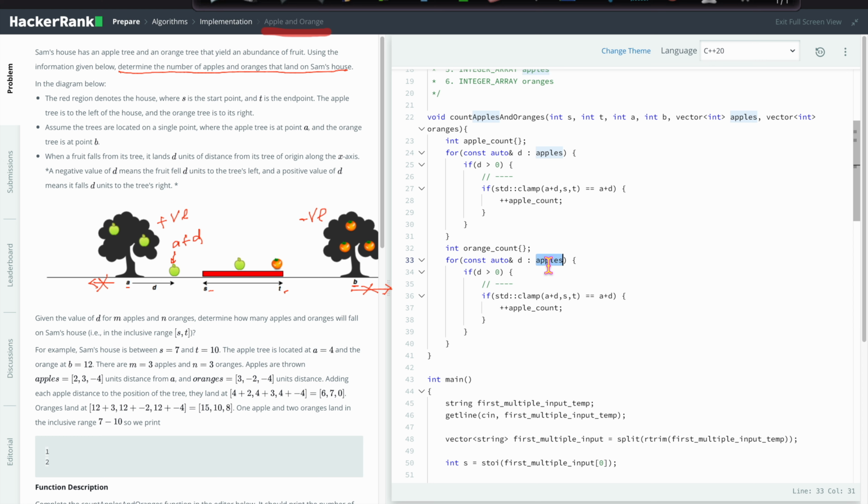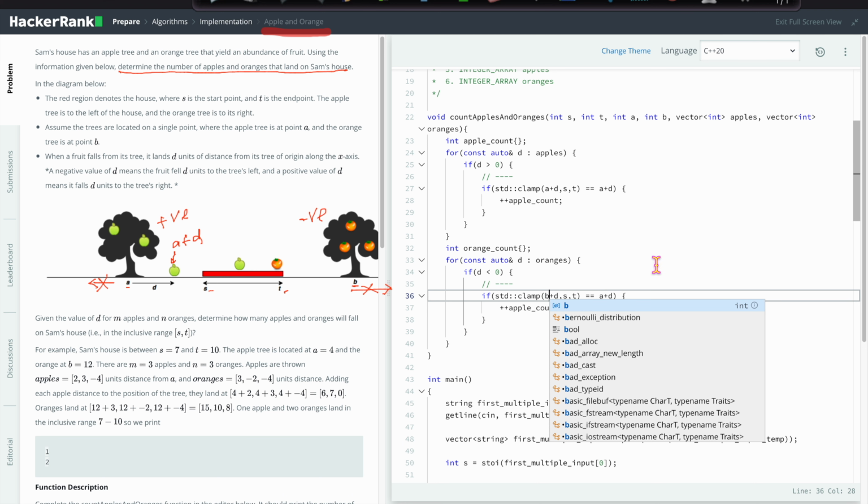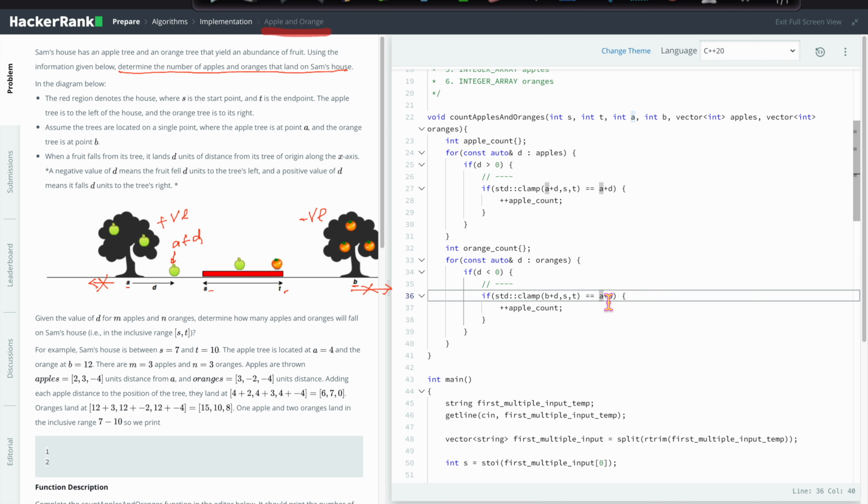The same logic we are going to apply for the orange count. Here it should be oranges. Then d should be what? D should not be positive, it should be negative. That's why here it should be less than 0. Then in clamp, it should not be a. Here the base point is b. So let's make it b plus d, and here also it should be b plus d.